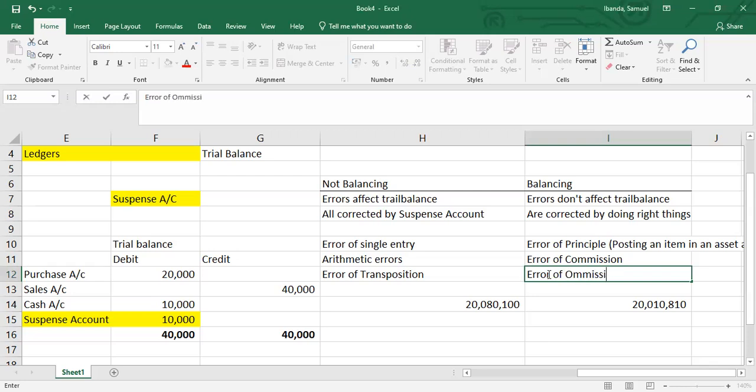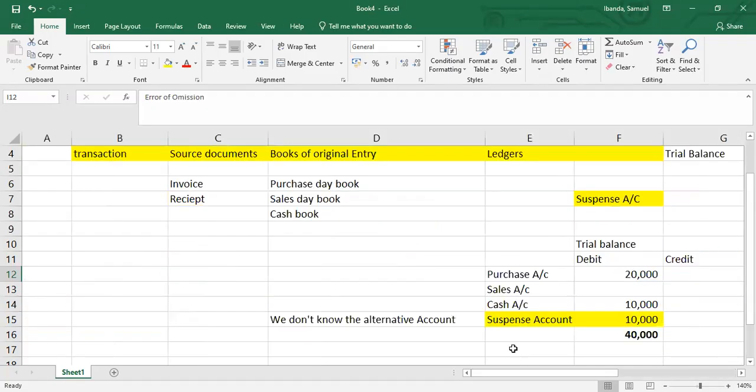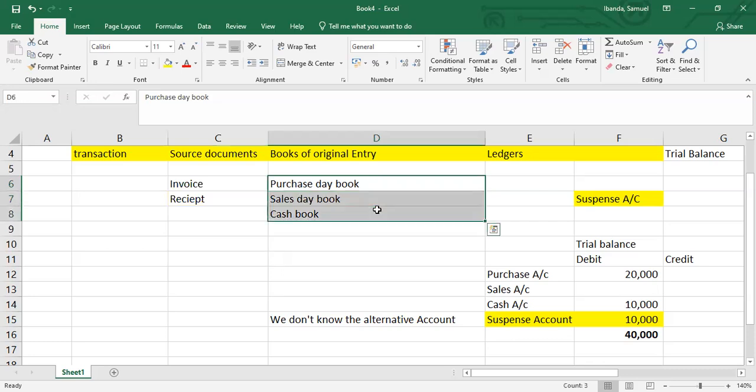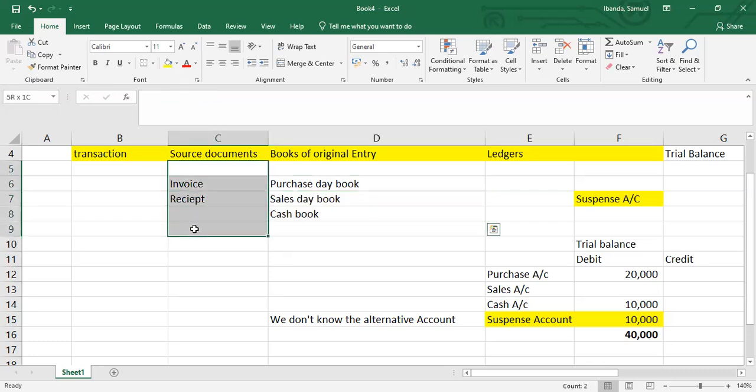Our error of omission also comes in where you might omit a transaction from the start. Remember, from our accounting cycle, from the transaction happening, recording it in the source documents and so on, you may totally miss out a transaction here.